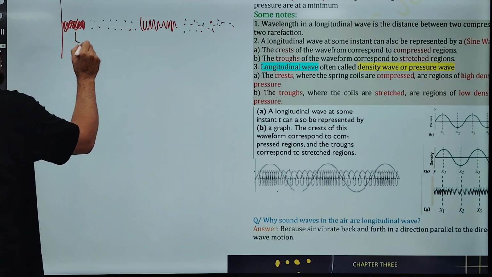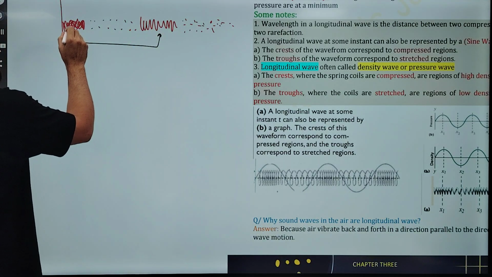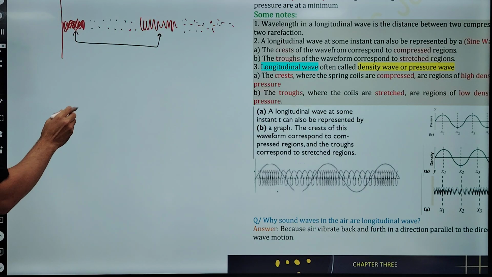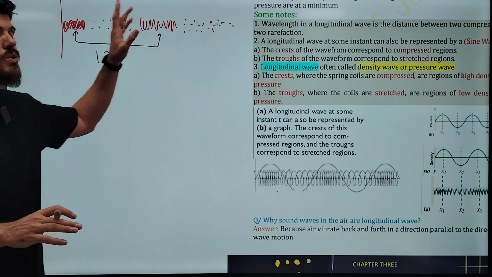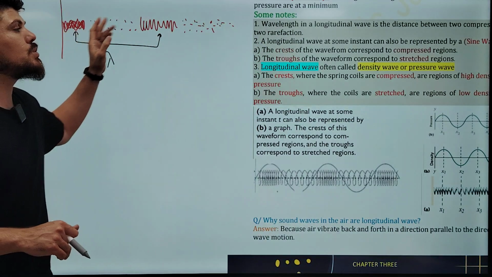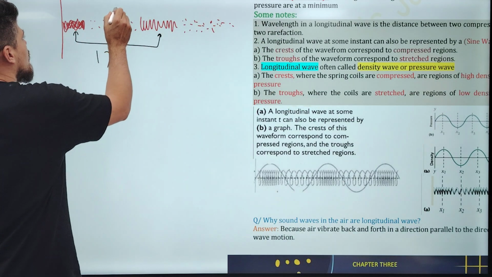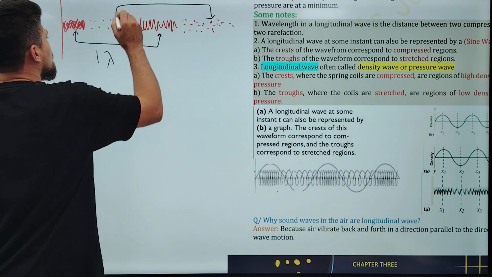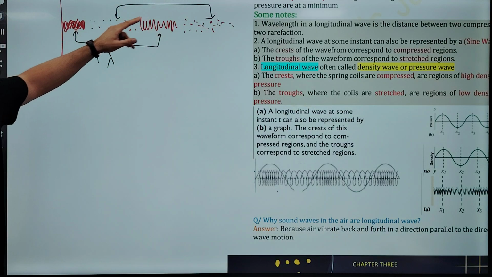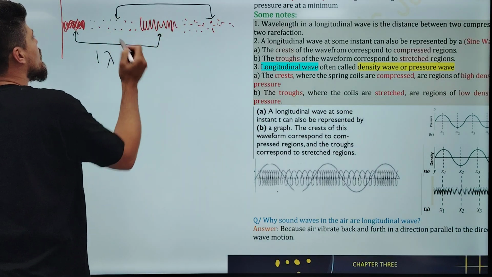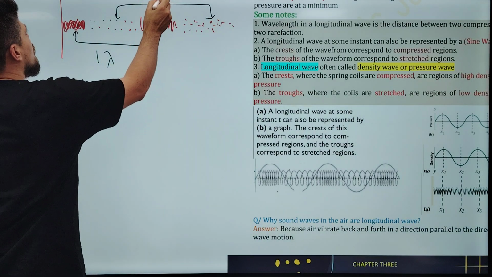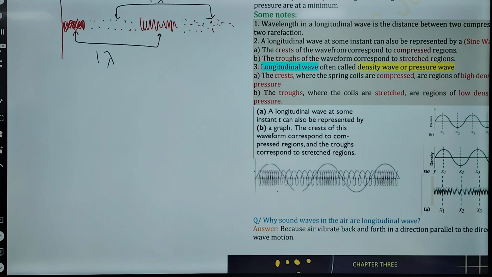The distance from this compression to the next compression is equal to one wavelength. So that is why the wavelength in a longitudinal wave is equal to the distance between two compressions, or the distance between two rarefactions, which is the same. So what about the distance between these two rarefactions? It is also equal to one wavelength.